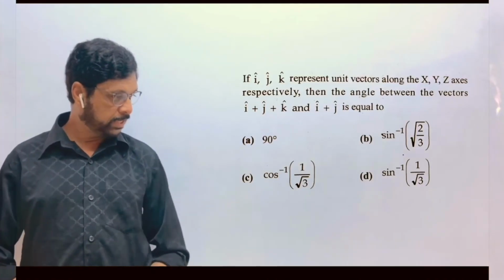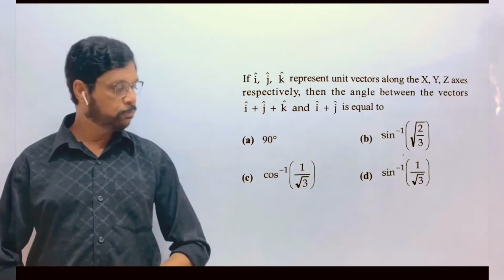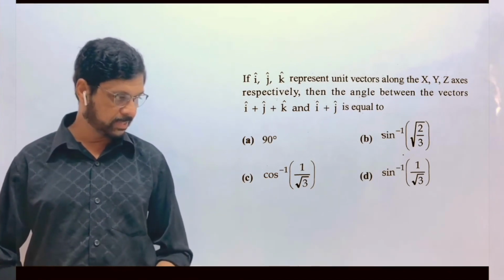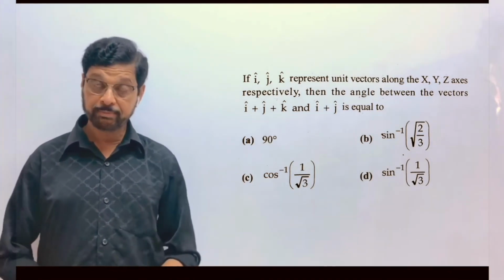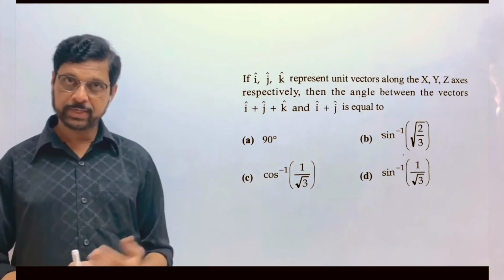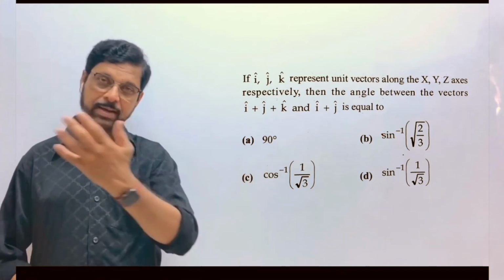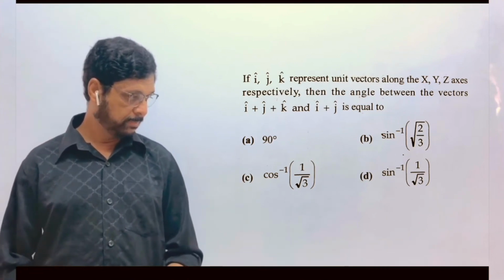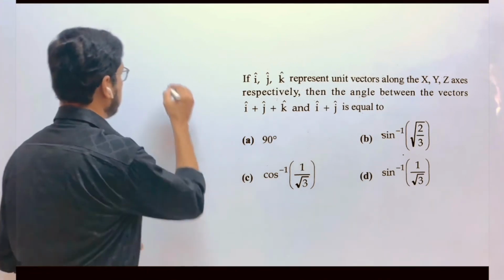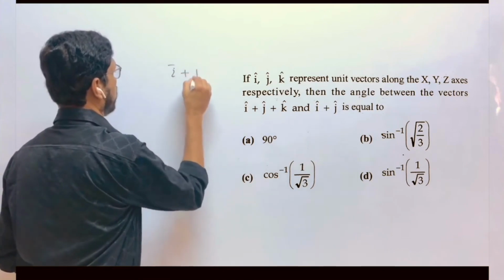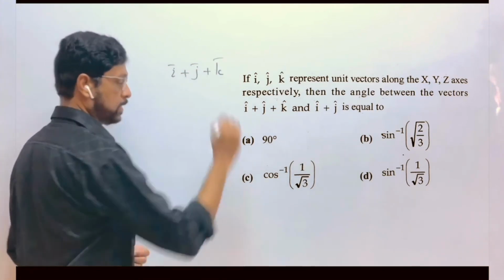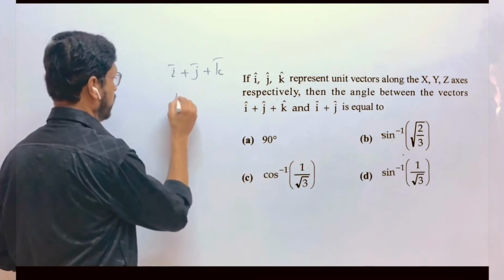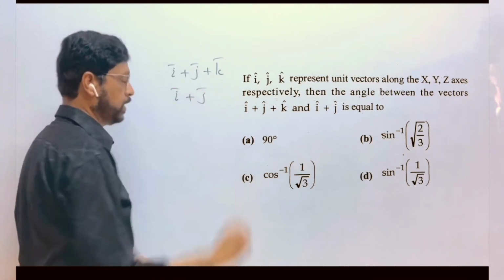If i, j, k represent unit vectors along x, y and z axis respectively, we know this, i, j, k are unit vectors along x axis, y axis and z axis. Then the angle between the vectors: first vector is i plus j plus k and second vector is i plus j.